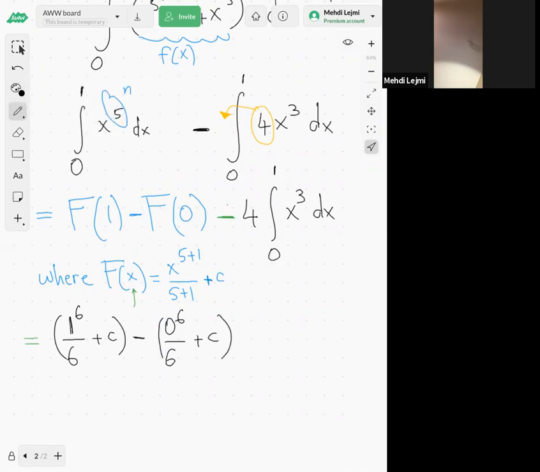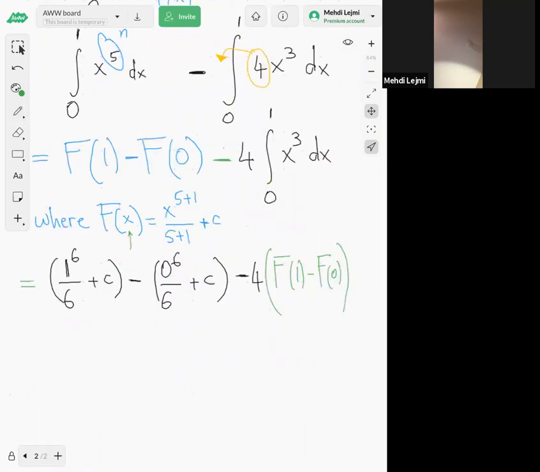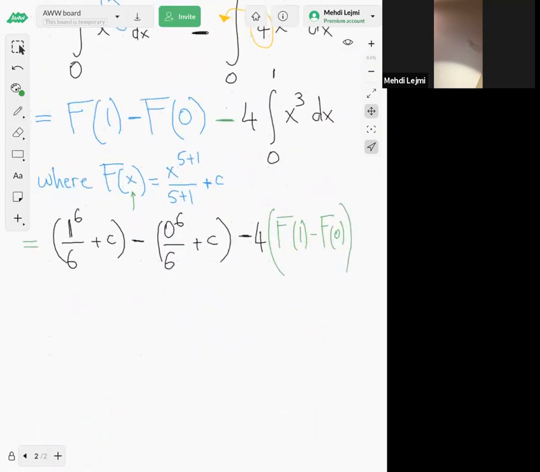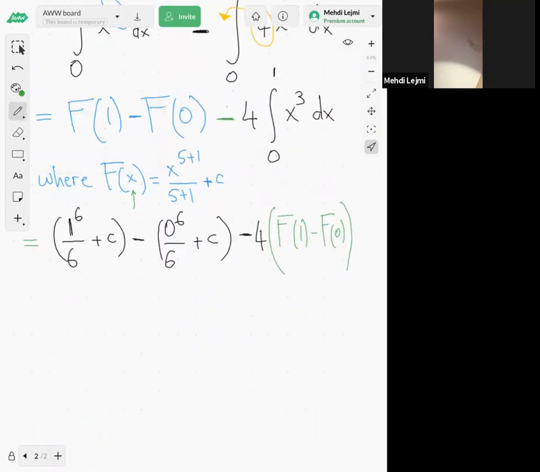minus 4. Now the antiderivative of x cubed, right? So minus 4 antiderivative. So here I'm going to put f of 1 minus f of 0, where f of x is the antiderivative of x cubed.